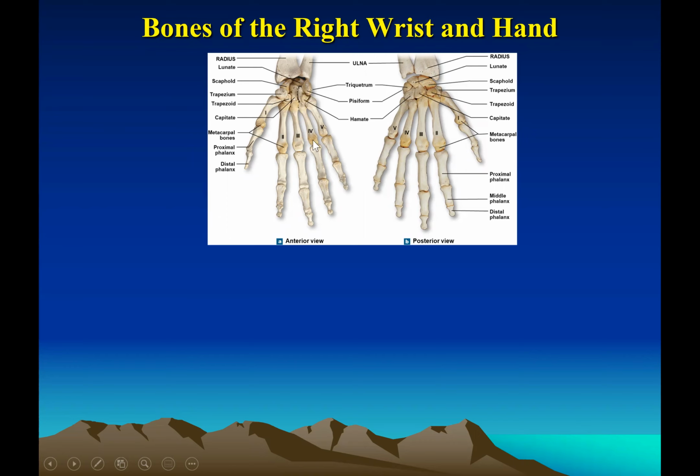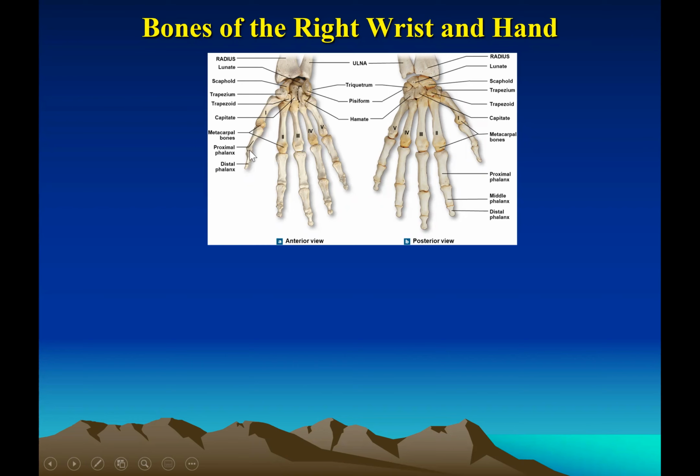Your palm is made of the metacarpal bones. The one that leads to the thumb is labeled number 1. The pointy finger is 2, 3 for your middle finger, then 4 and 5. They're just numbered. They articulate with the fingers, or the phalangeal bones.